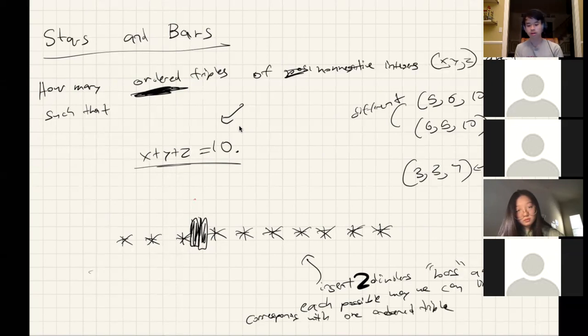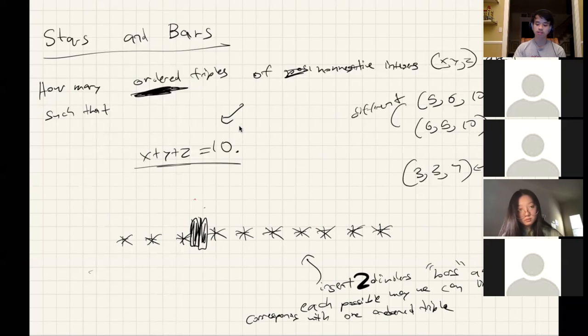So each ordered triple of non-negative integers is going to correspond with exactly one way of arranging these 2 dividers among these 10 stars. And each way we place dividers among these 10 stars is going to correspond back to that ordered triple of non-negative integers summing to 10.